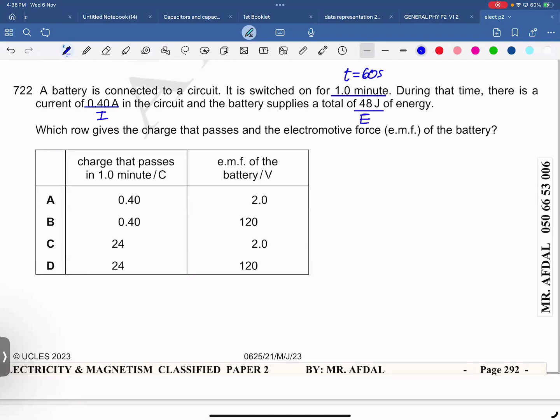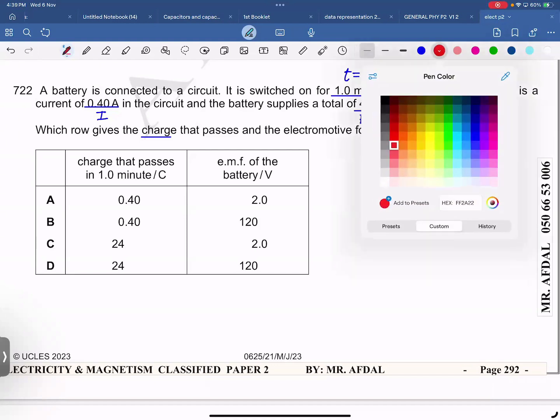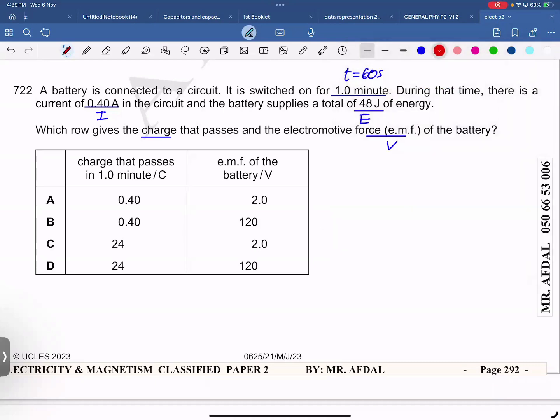Energy, underline, it is E. Which row gives the charge? Charge means Q, and EMF means voltage. The charge formula, you all should know, is I multiplied by t. I is the current, t is the time, you multiply, 24 coulombs.